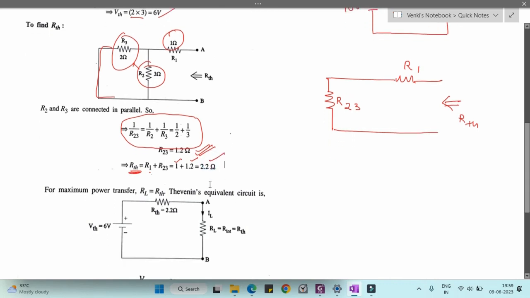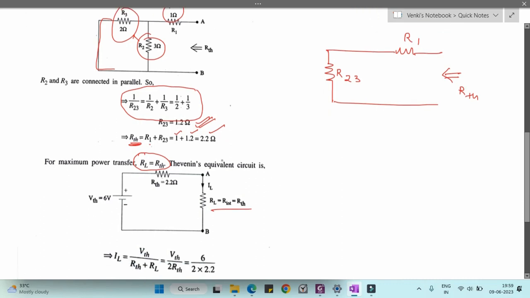In the maximum power transfer theorem, RL should be equal to R Thevenin. Therefore RL is equal to R Thevenin. We have substituted here and drawn the Thevenin's equivalent circuit. What is the Thevenin's equivalent circuit? A voltage source is connected in series with a resistance.